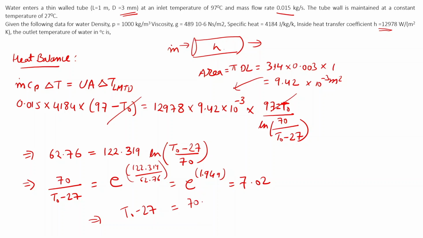So this will be 70 upon 7.02, which is equal to 9.97.